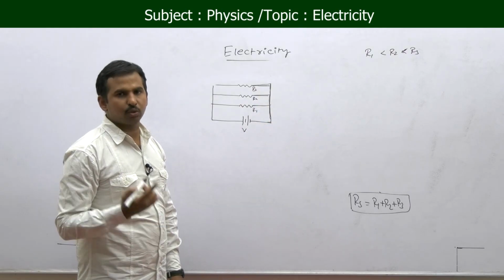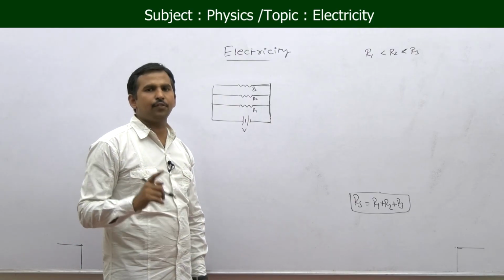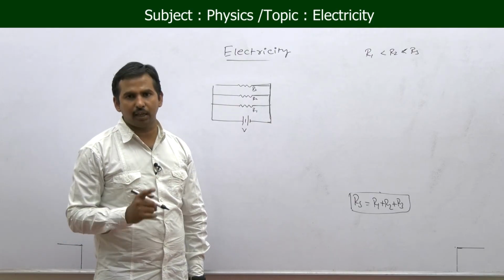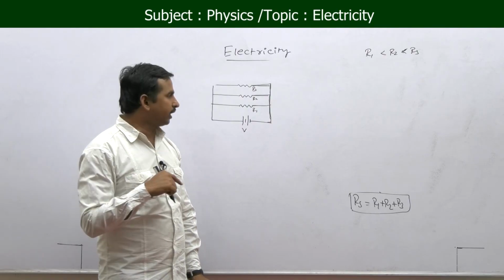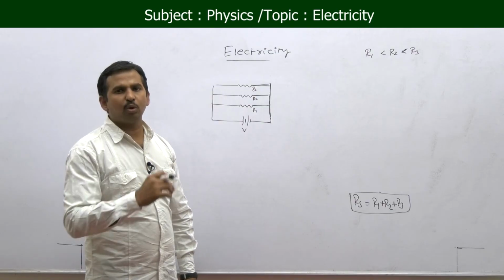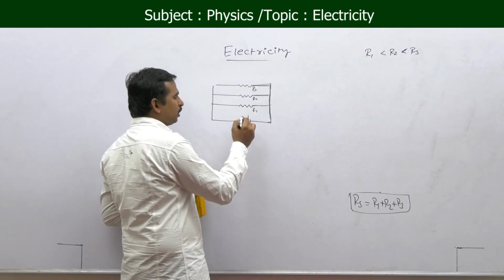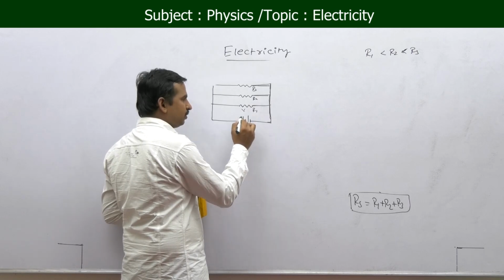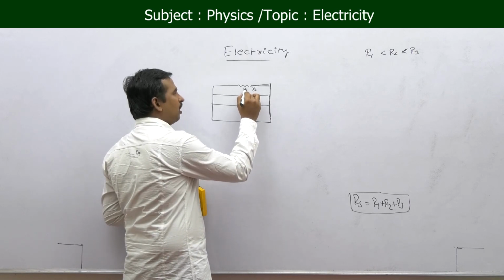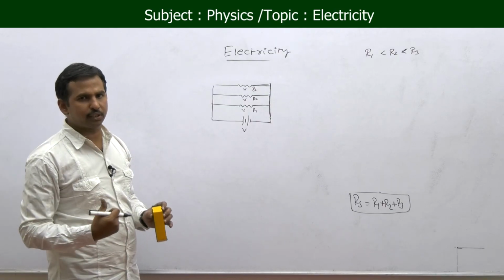So whenever resistances are connected in parallel, whatever voltage we have connected to the battery, the same potential difference is maintained across each resistance. That is why the potential difference at R1 is V, R2 also V, R3 also V. The same voltage is present there.